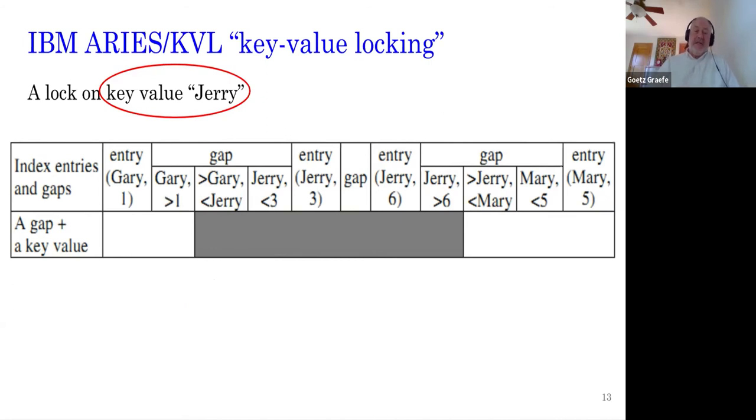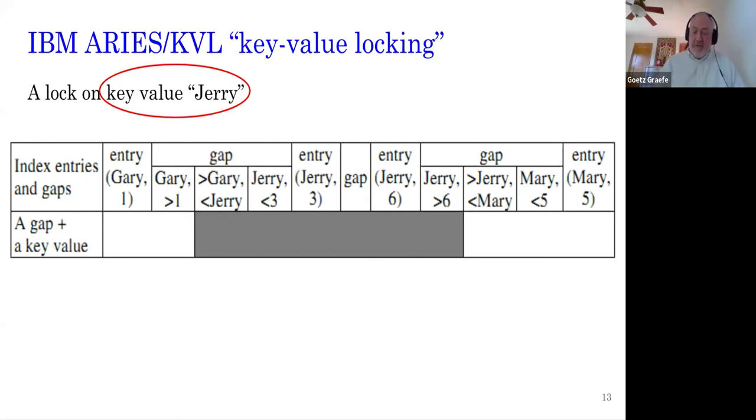So basically the count of Jerry stays constant once somebody has acquired this lock. And in addition to all the Jerry's, existing and non-existing Jerry's, you also always lock the gap to the left of the value you are locking. So let's keep this in mind as our understanding of IBM ARIES key value locking.